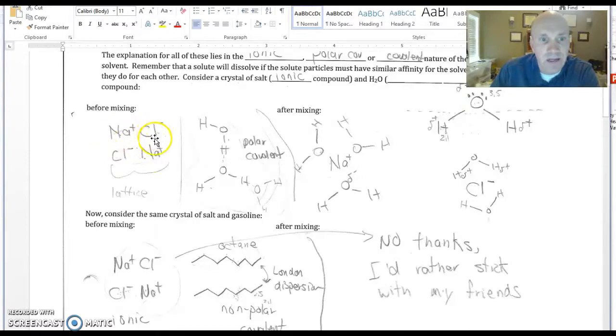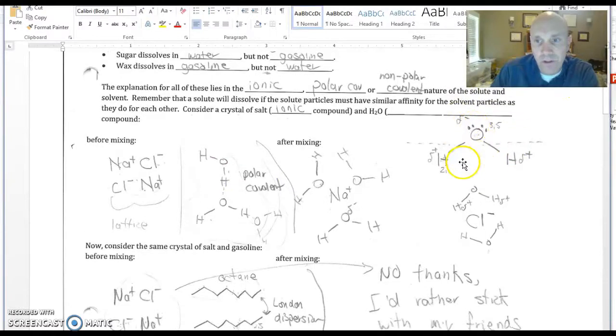It's an ionic compound, so a crystal of salt would consist of alternating positively and negatively charged ions. Why would these ions allow themselves to be separated if you put them in water? You have to remember that little property of water. It is a polar covalent compound, which means one side of it is going to have a slightly negative charge and the other side of the water is going to have a slightly positive charge.